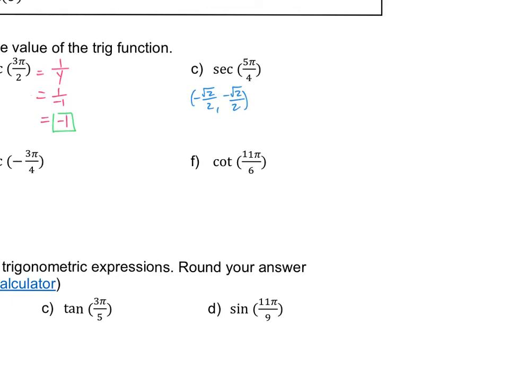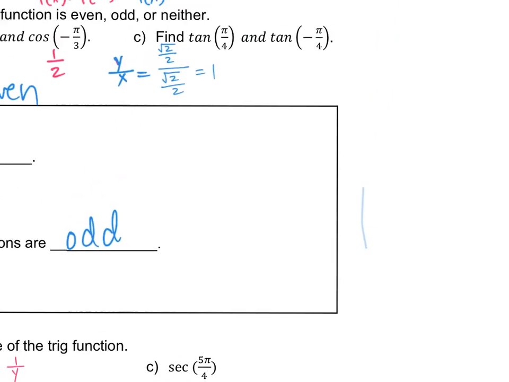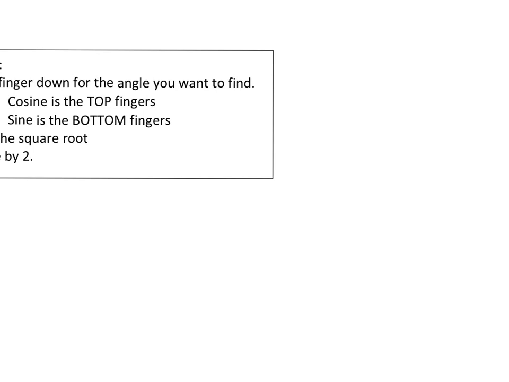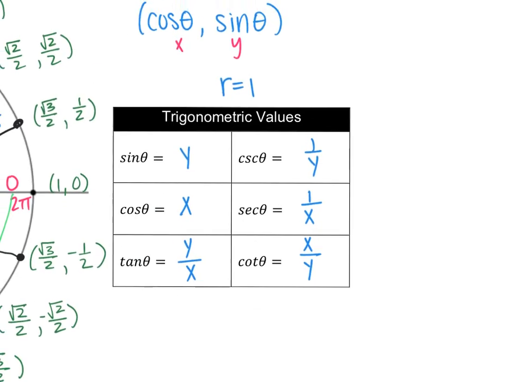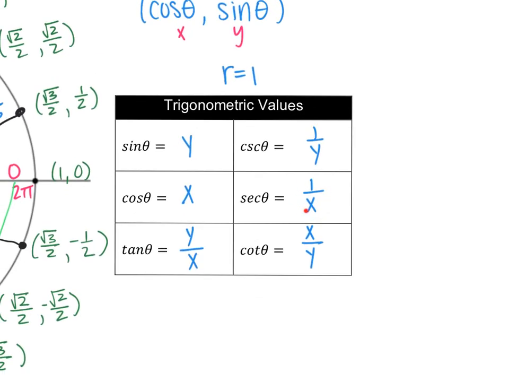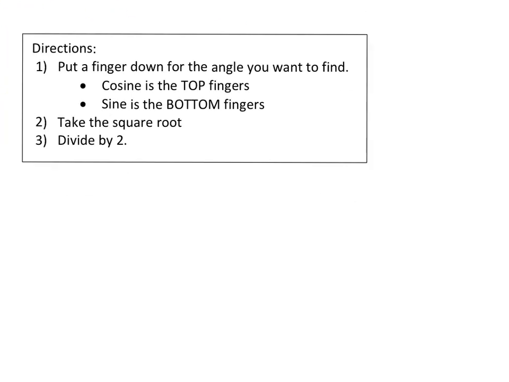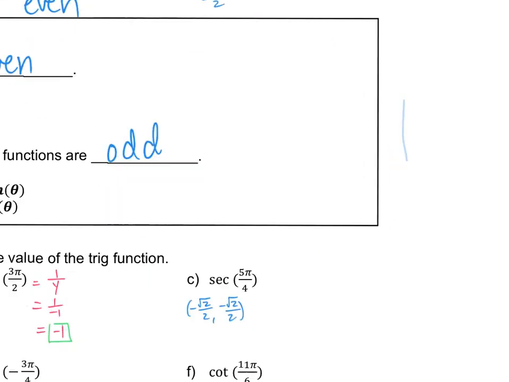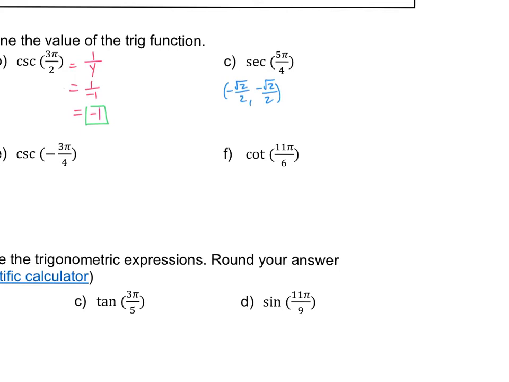Now, when I'm finding secant, if you look back at the trig identities, secant was 1 over x. So we're going to take our x value and put it in the denominator. This is 1 over x, which is equivalent to 1 over our x, which is negative root 2 over 2.